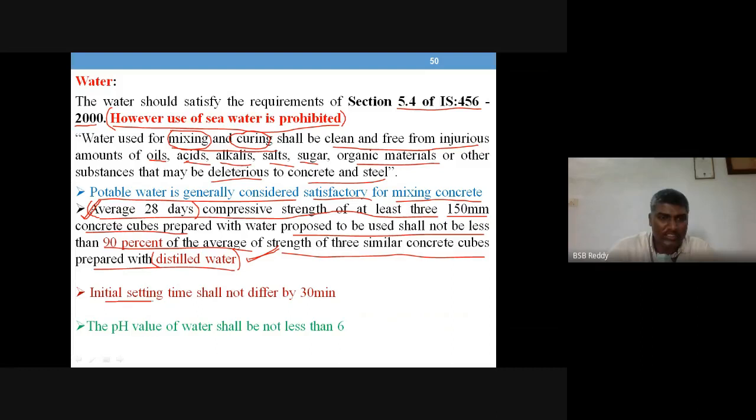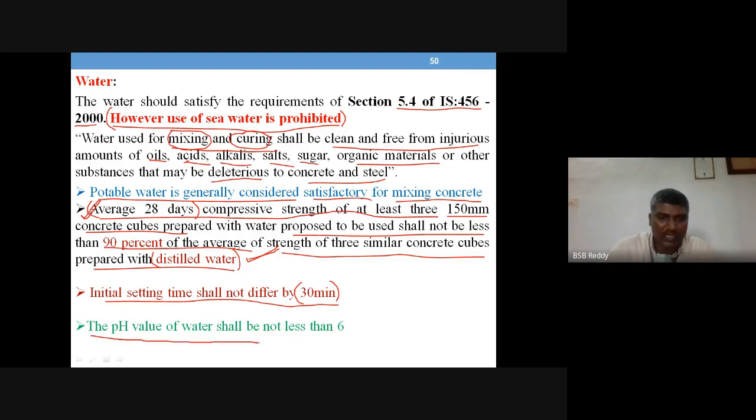And also the initial setting time shall not differ by 30 minutes. Means if you prepare the concrete with the water that you use, the initial setting time shall not differ by 30 minutes.